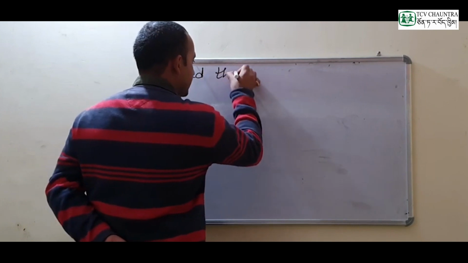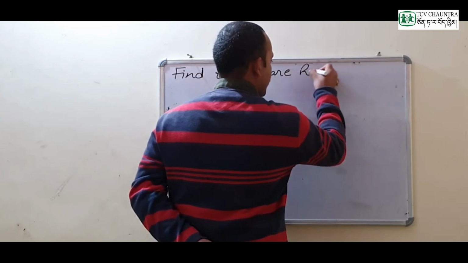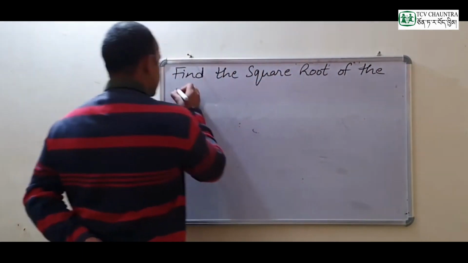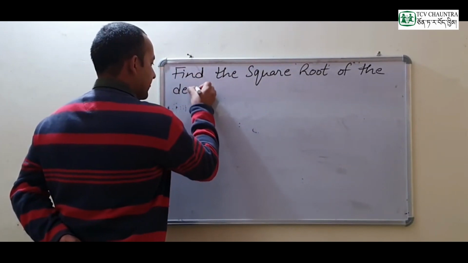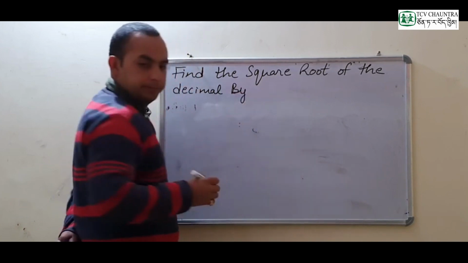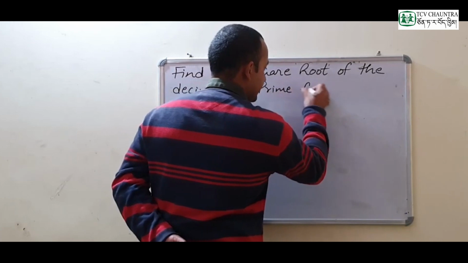Find the square root of the decimal by prime factorization.